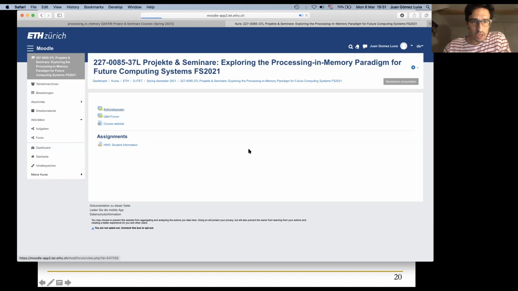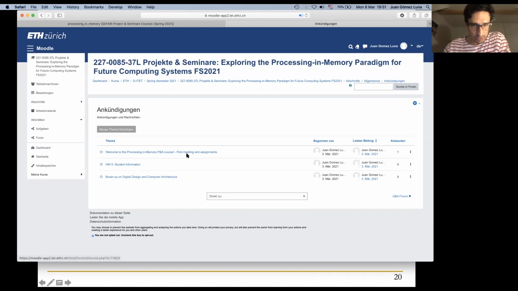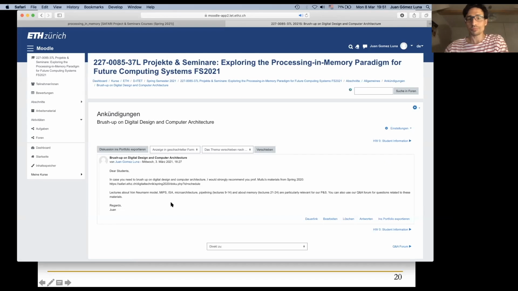And here in the announcements page, the first thing you can see is the same thing that I sent you over email. Then an announcement about homework 0 that I posted last week, and finally a link to the schedule and content, the website of Digital Design and Computer Architecture, the course that Professor Mutlu teaches in the second semester of computer science.